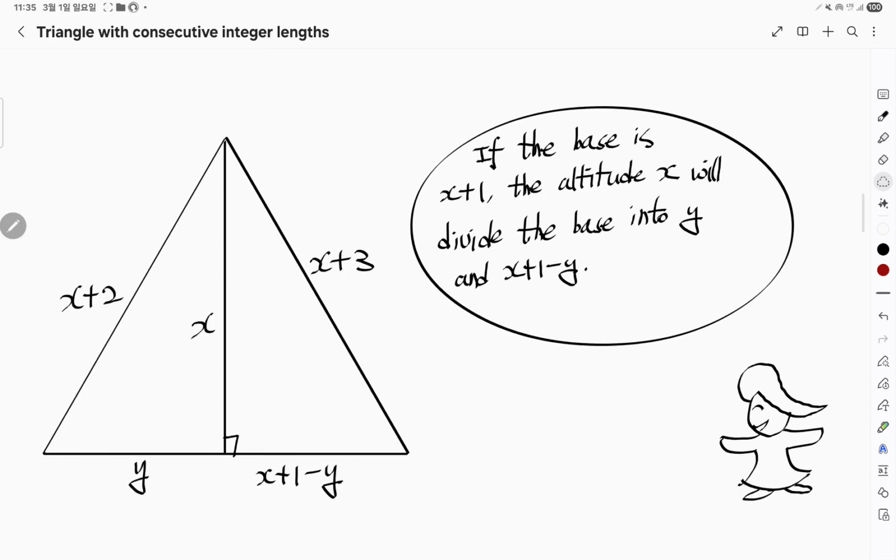For the first case, if the base is x plus 1, the altitude x will divide the base into y and x plus 1 minus y.